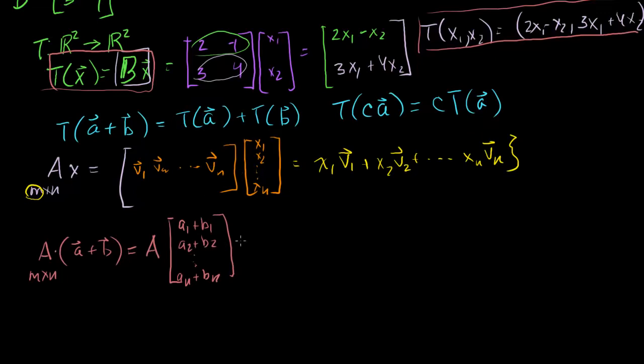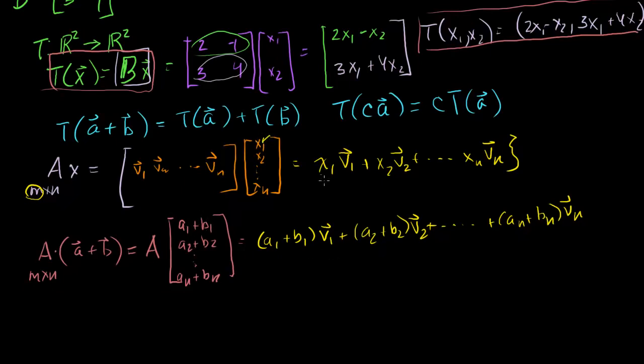Based on what I just told you up here, which we've seen multiple times, this is the same thing as a1 plus b1 times the first column in A, which is that vector right there, v1, plus a2 plus b2 times v2, all the way to plus an plus bn times vn. All I did is replace each xi term with an ai plus bi term. So each x1 here is replaced by an a1 plus b1 here. So this is equivalent to this.